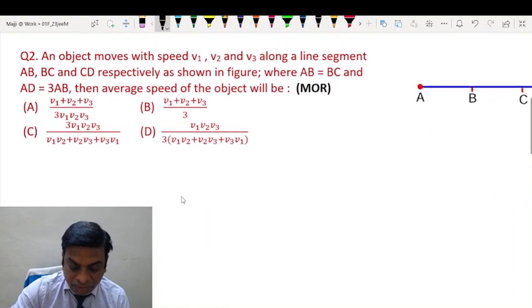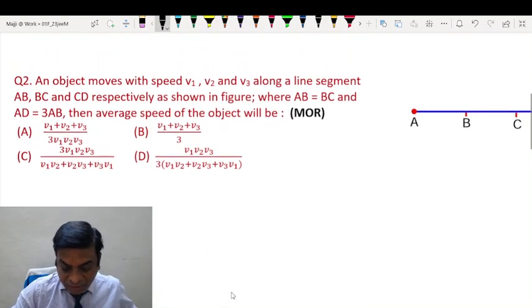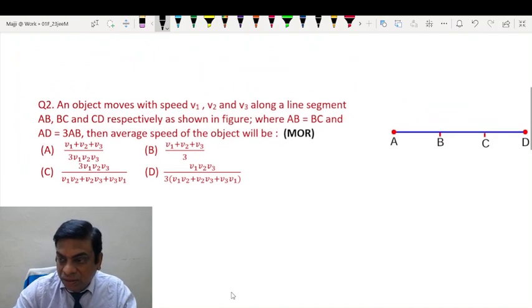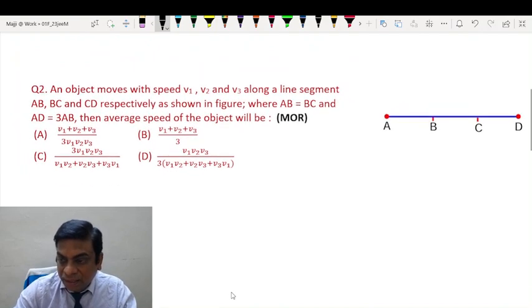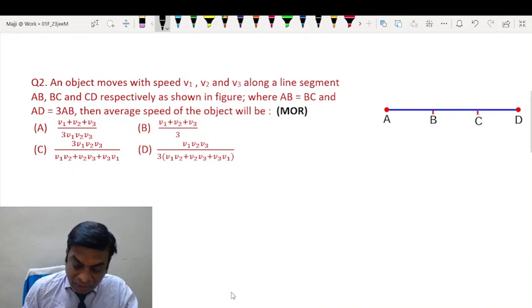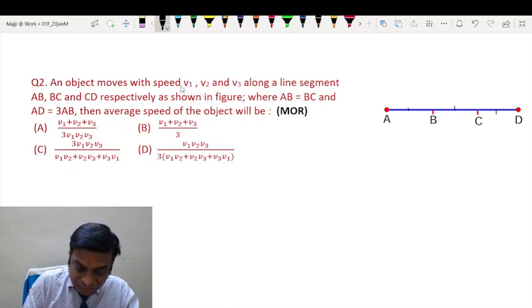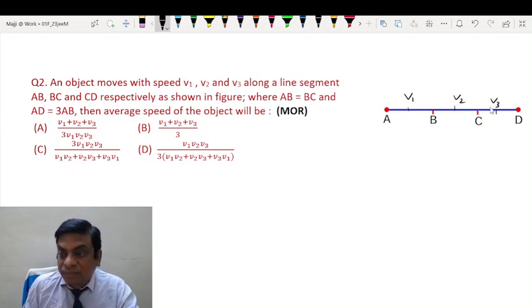An object moves with speeds v1, v2, v3 along line segments AB, BC and CD. You can see this is the object in the diagram, where AB is equal to BC is equal to CD. Then the average speed of the object. As you can see, they have given that for the part AB the speed is V1, then V2, then V3.